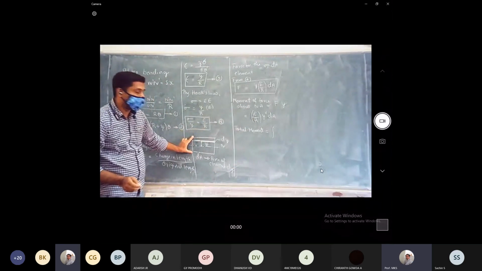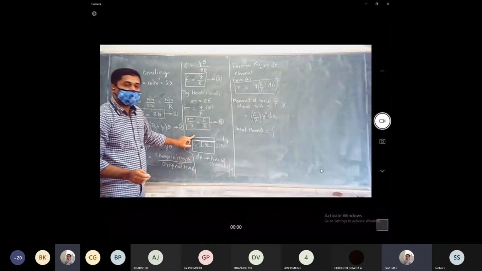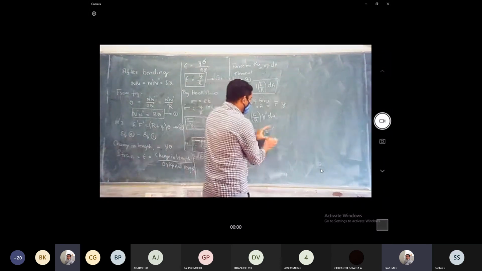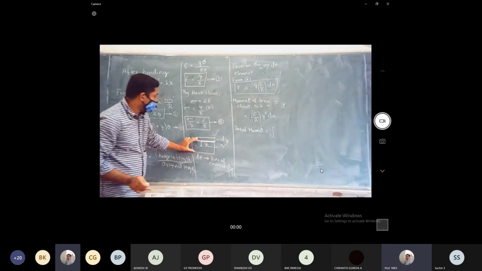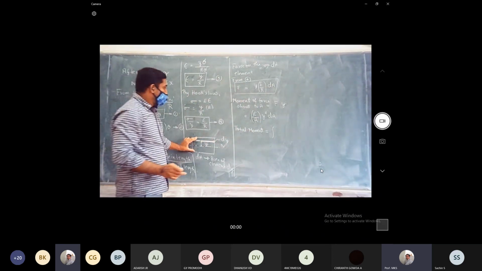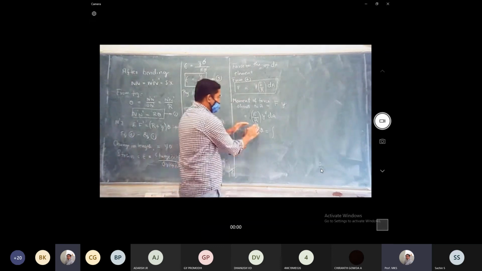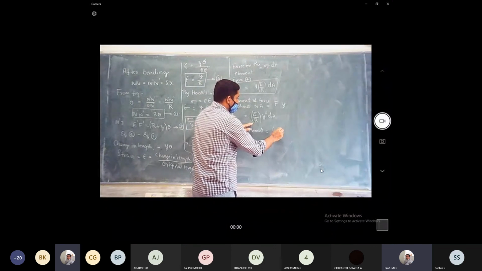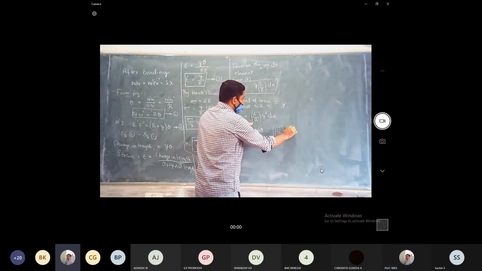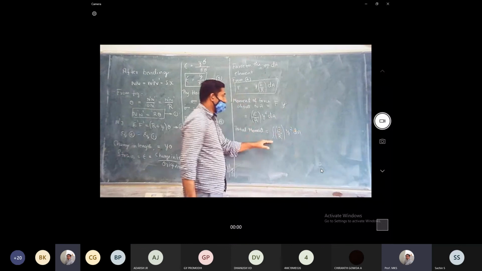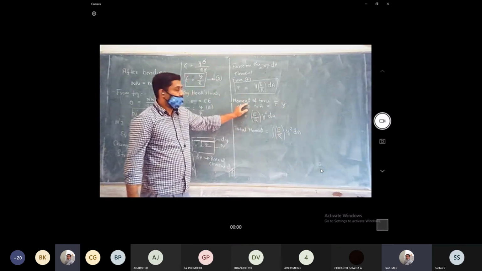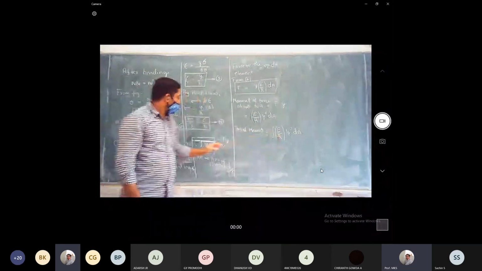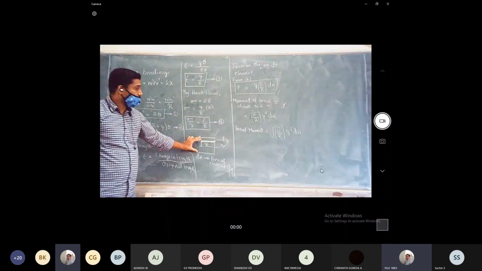I need to consider it for each and every layer, from 0 to L distance, so we integrate the above equation to get the total moment acting with respect to the total depth of the beam.